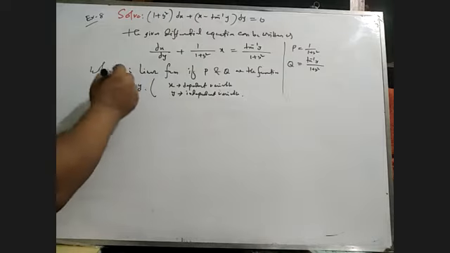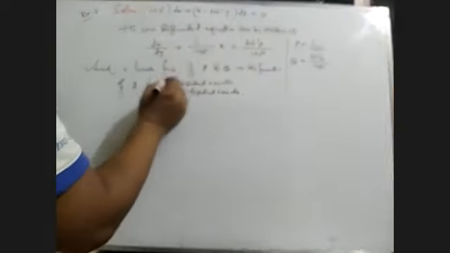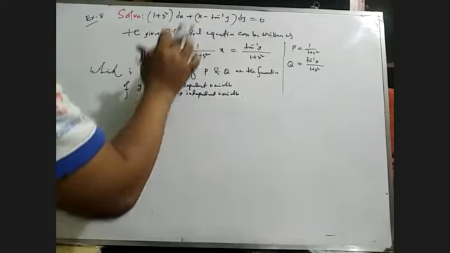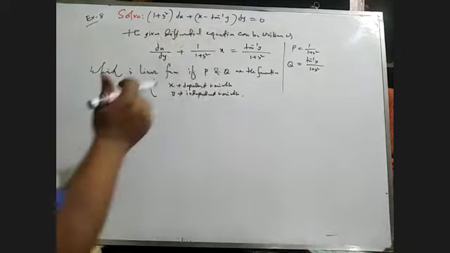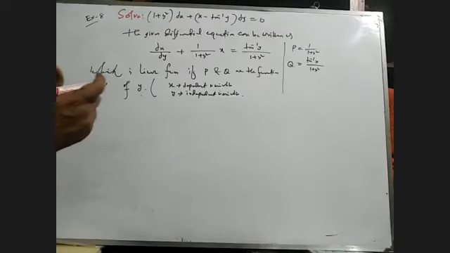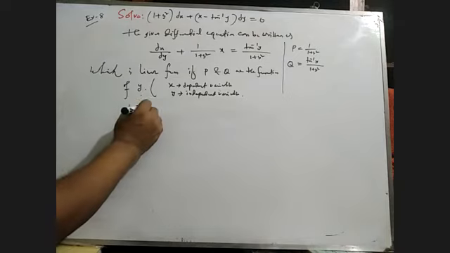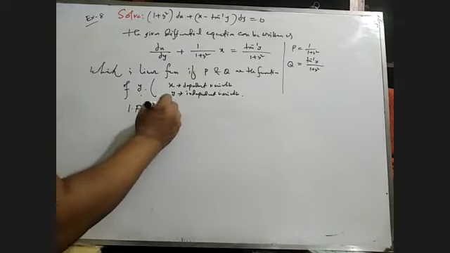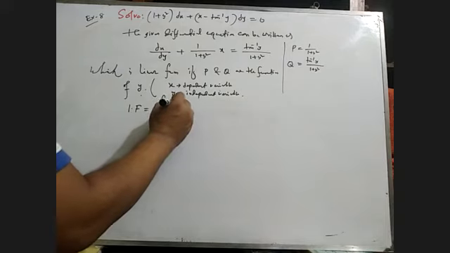Here, this is linear form because p and q are functions of y only. And remember this, in this example x will become the dependent variable and y the independent variable. So in that case the integrating factor will be e to the power integral of p dy.